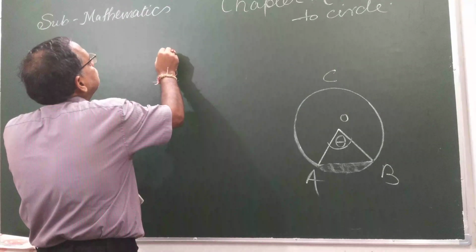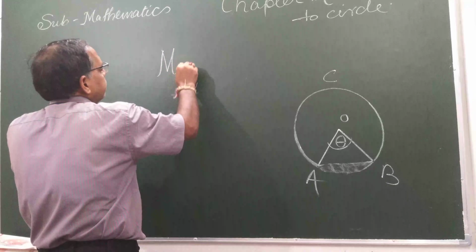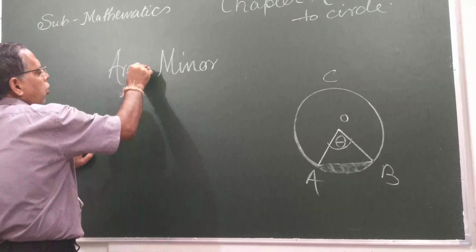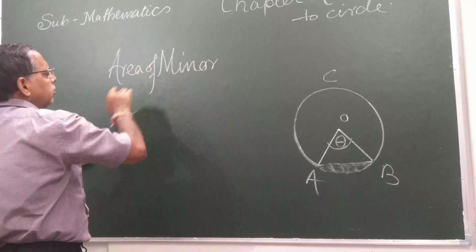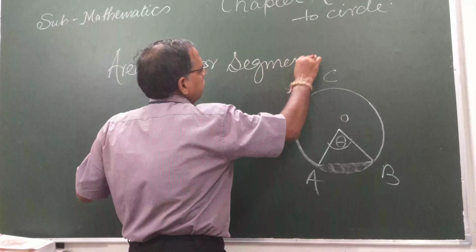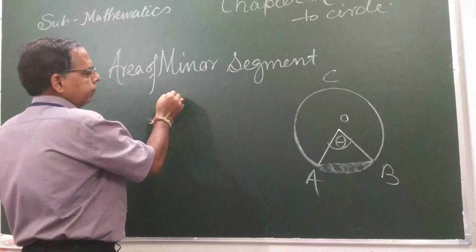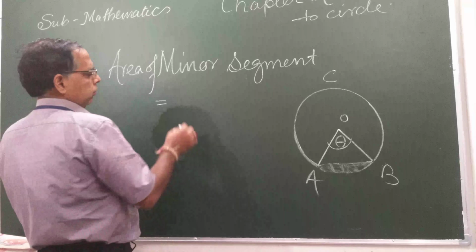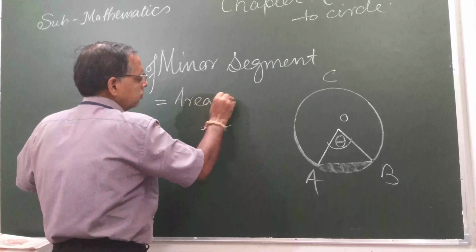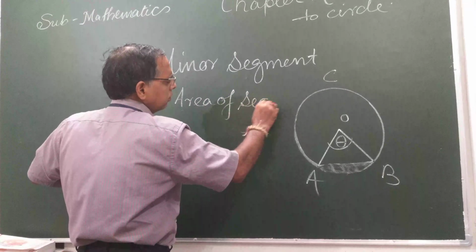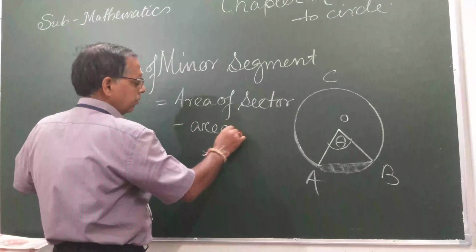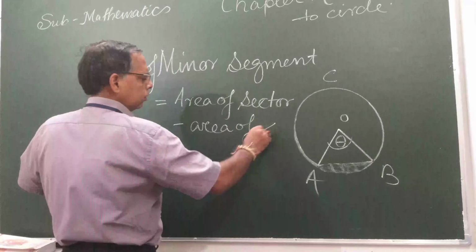So, minor segment. Area of minor segment equal to area of sector minus area of triangle.